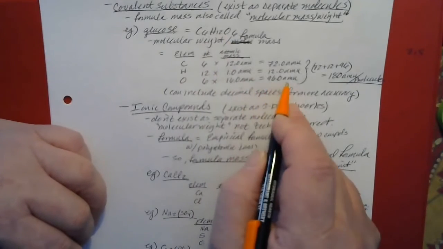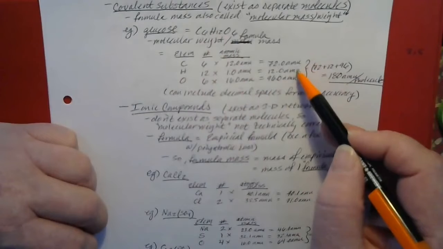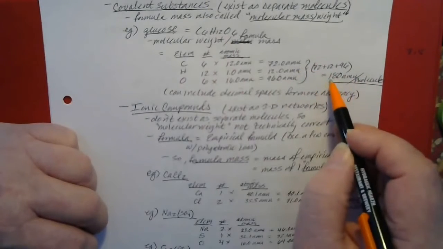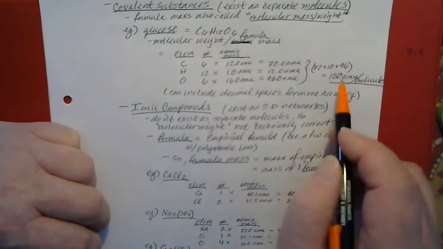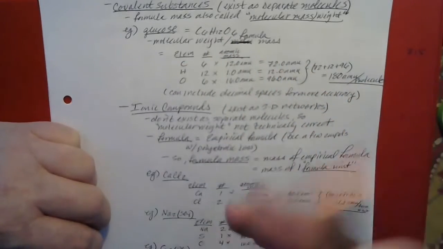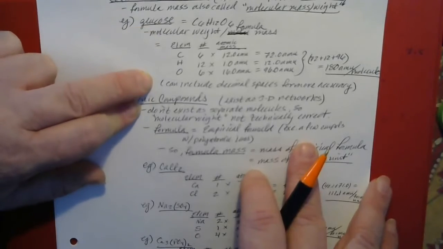And so that would be 96 atomic mass units for the oxygen. And when you take 72 plus 12 plus 96, you get 180. 180 atomic mass units per molecule would be the molecular mass of the compound glucose.